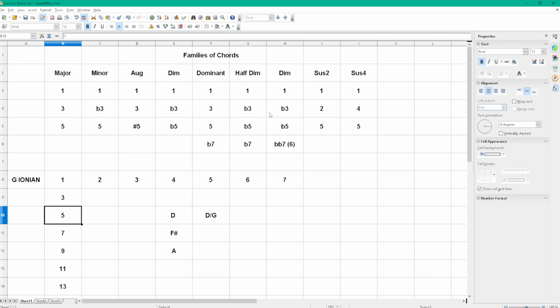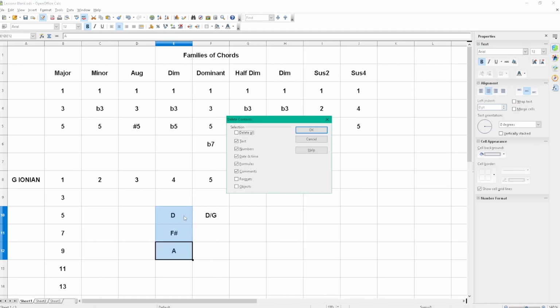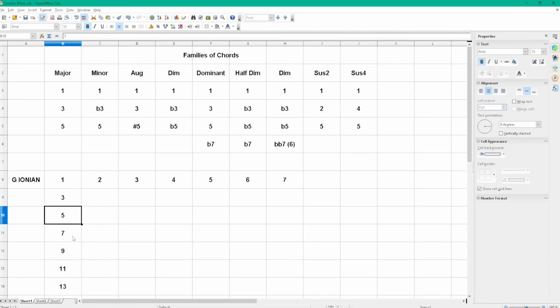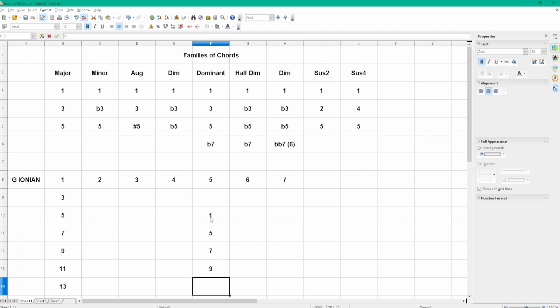But the reason you have this page before we actually look at the PDF that comes with this lesson is, okay, the more observant of you might argue, if I put the 1, 5, 7, and 9 together, which is what I just did playing D over G, is this a major?